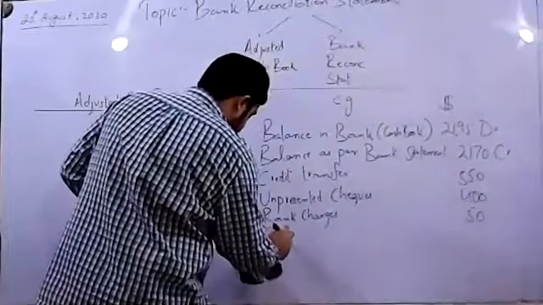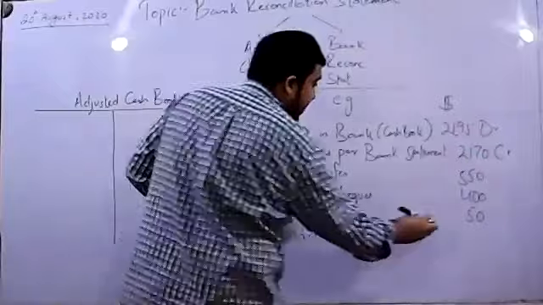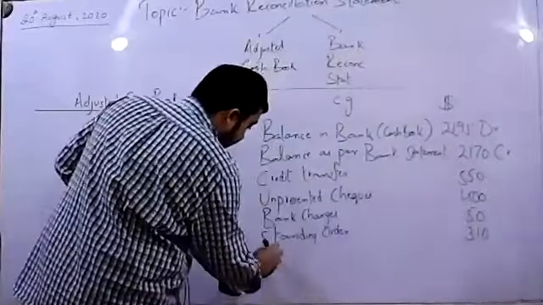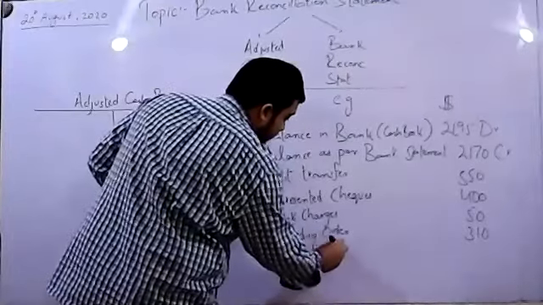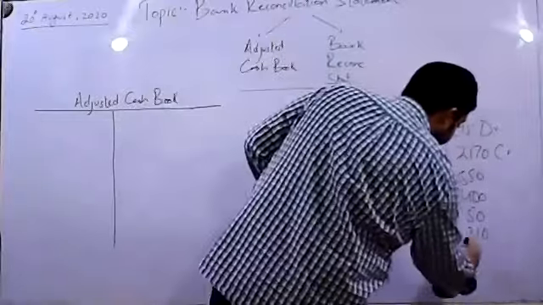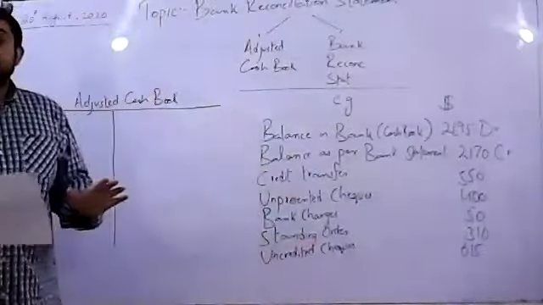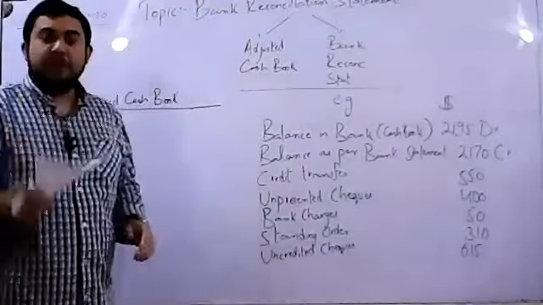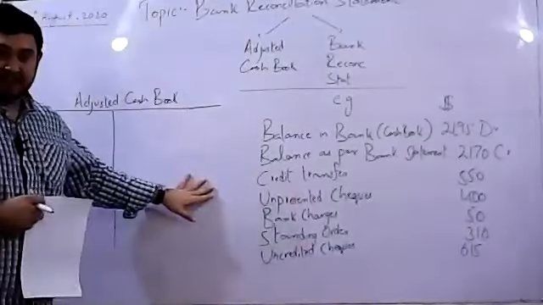Standing order was worth $310. And the uncredited checks were worth $615. Okay. This is the information given with us. I'll be sharing this example in document form in the chat box as well at the end of the lesson. But this is one example.